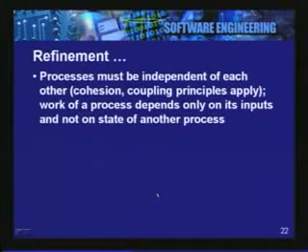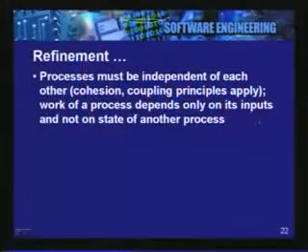Processes must be independent of each other. So, again here we refer to our thumb rule, that cohesion and coupling are the guidelines we always use for any decomposition. When we define sub processes, we should ensure that the new sub processes that we have created are cohesive in terms of what they do, and there is minimum interdependence between them.